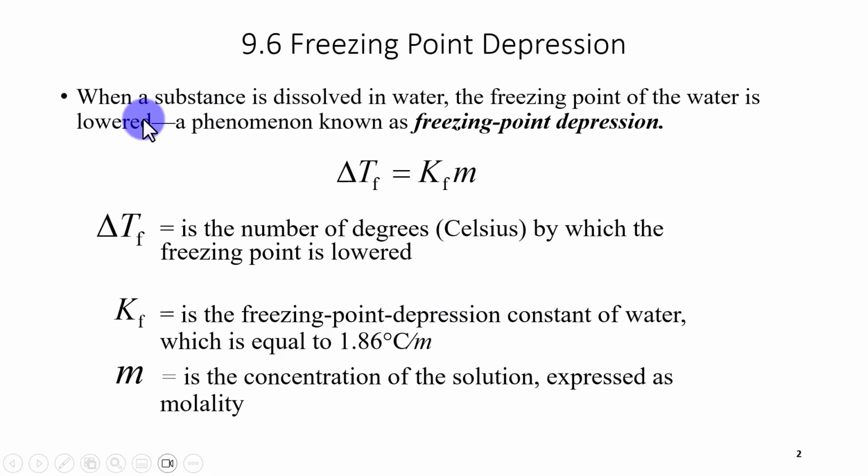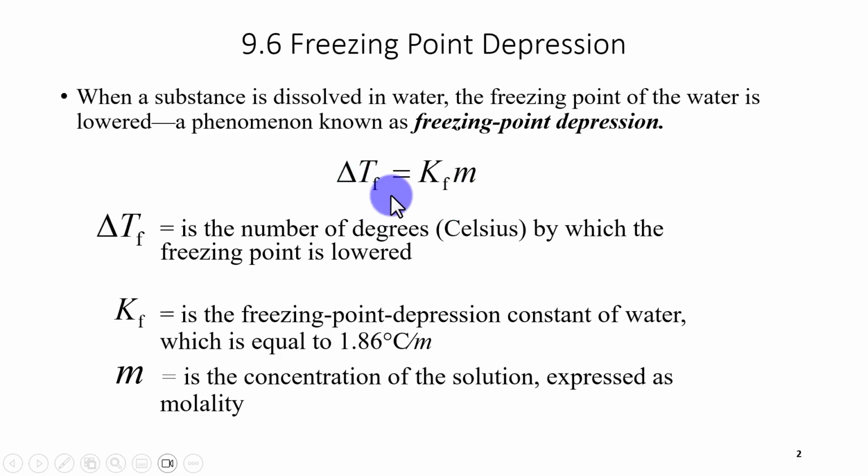When a substance is dissolved in water, the freezing point of the water solution is lower than that of pure water. This is known as freezing point depression. And we can calculate that lowering of the temperature by this formula.